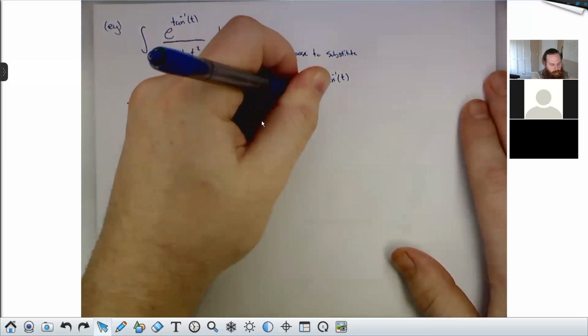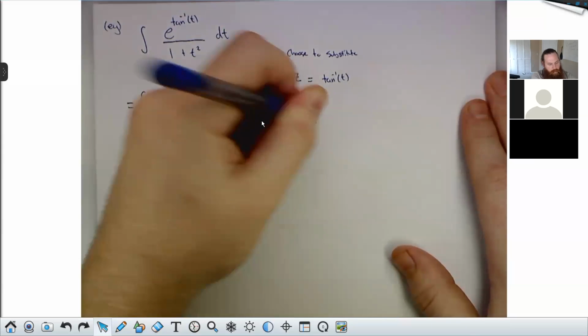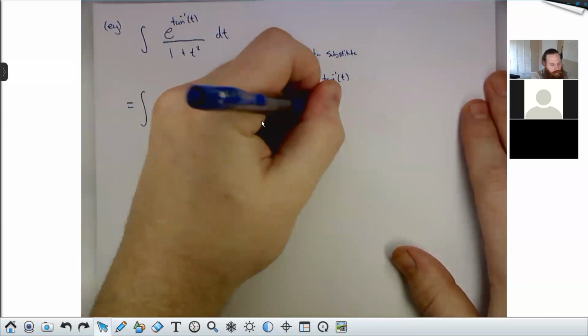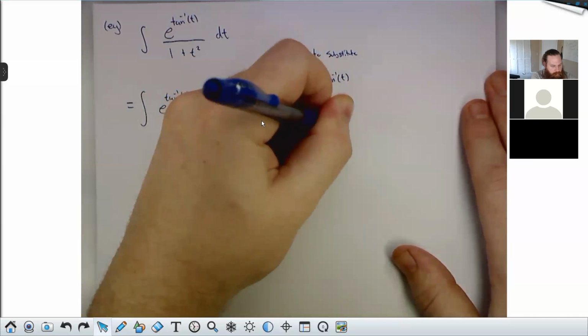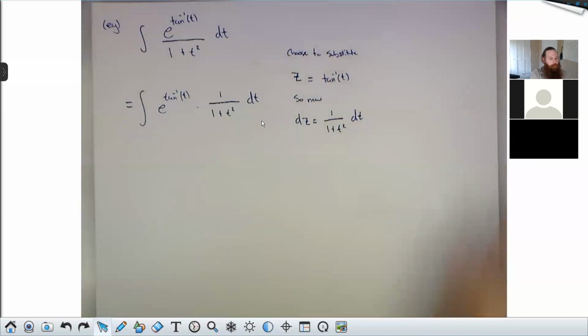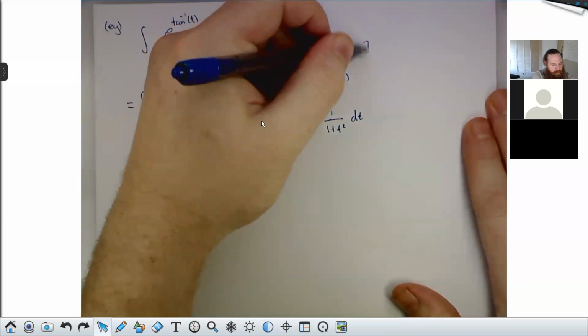So now dz is the derivative of inverse tangent t, that's 1 over 1 plus t squared, times dt. And again, I recommend putting all this in a little box.